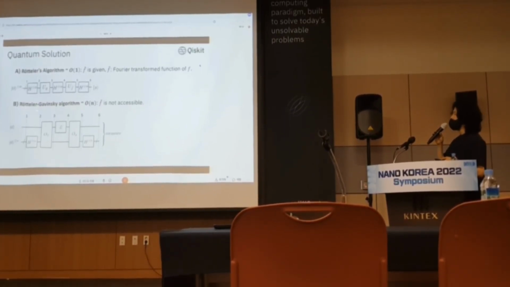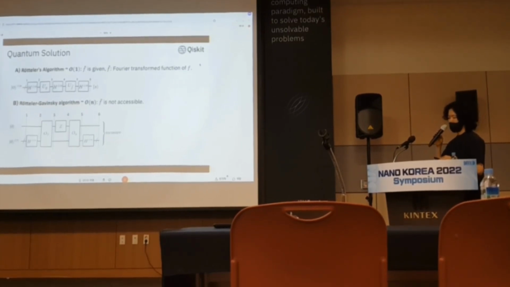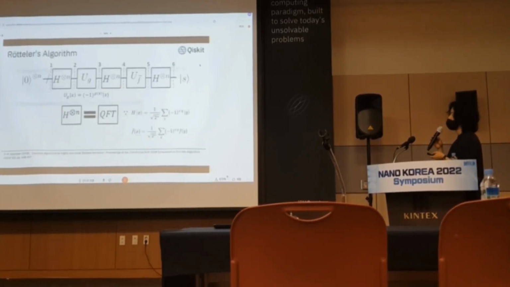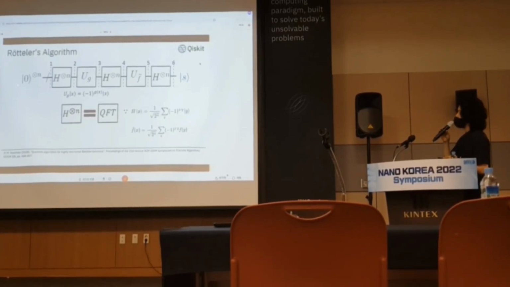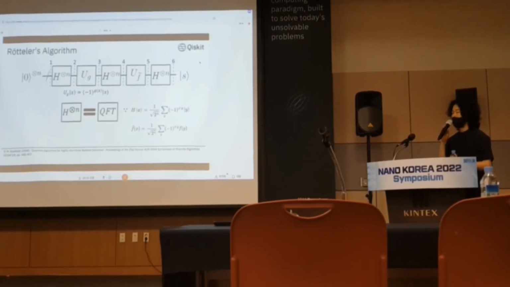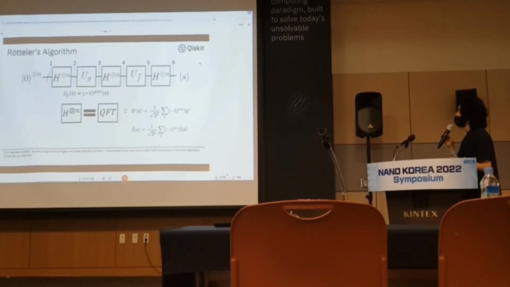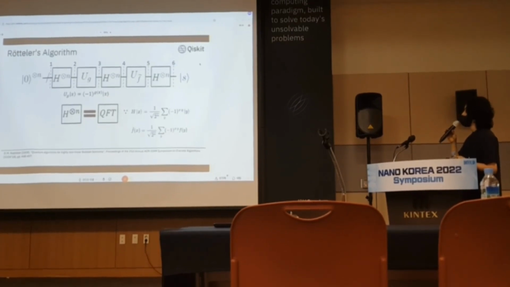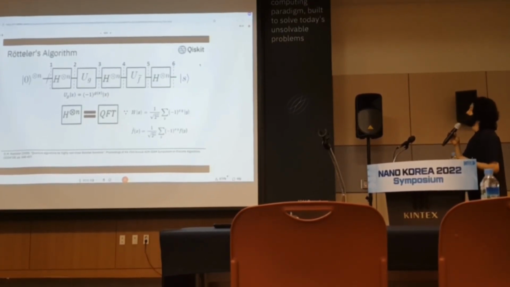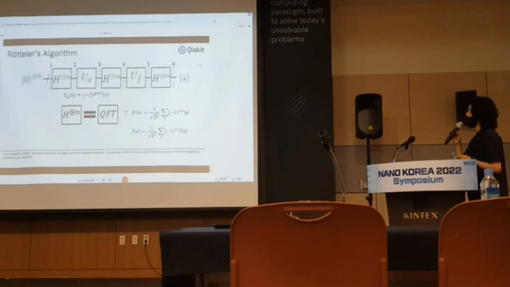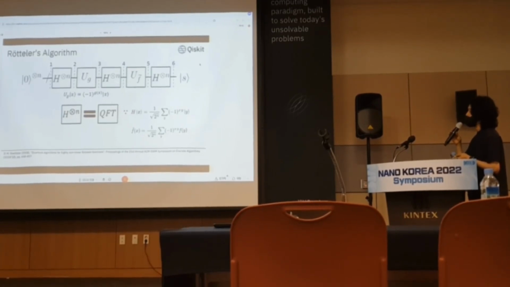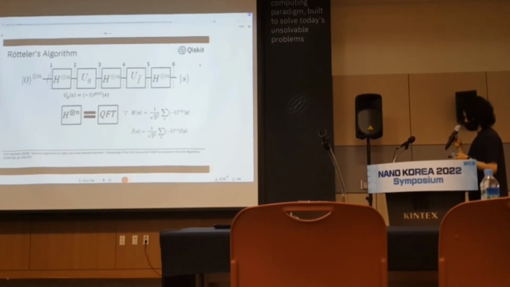So the latter case is more general. In Rötteler's algorithm, the key idea is that for Boolean functions, the quantum Fourier transform is equivalent to the Hadamard transform. So we can calculate the Fourier transform easily by applying Hadamard gates only, like this.